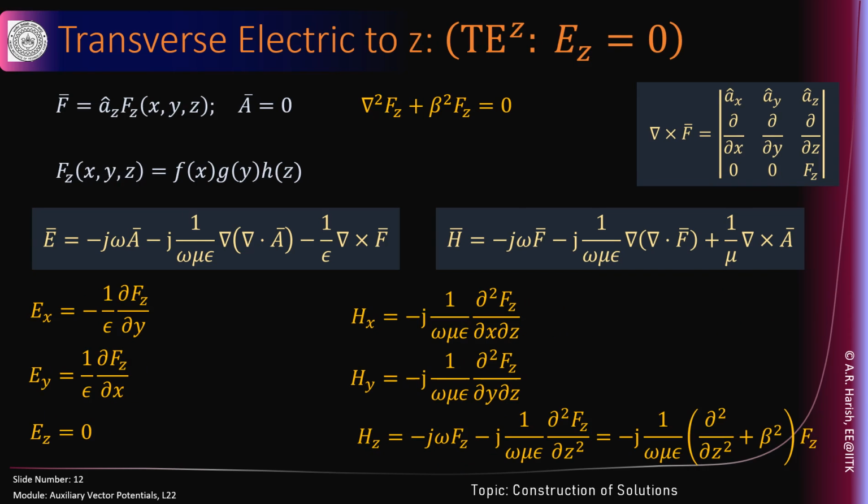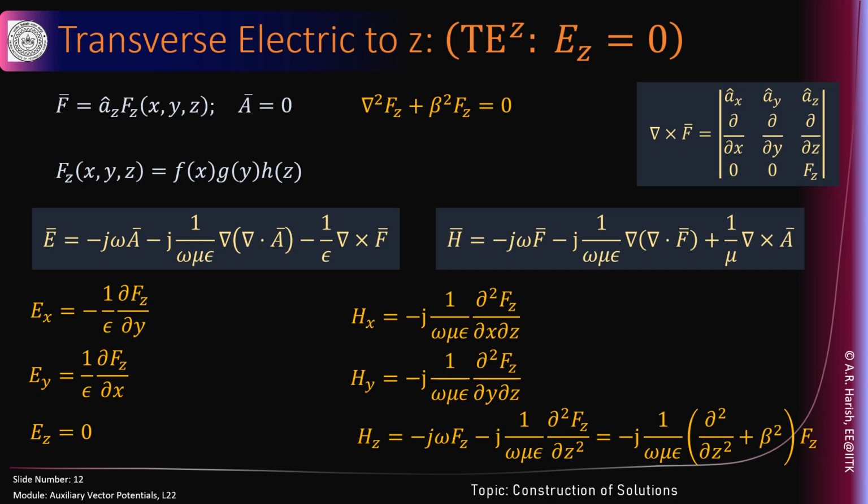To do TE to z, I choose F equal to z cap Fz and the process is again exactly identical. Though the method looks very straightforward, that's a beautiful part of it. Though at times it's boring to see the same equation, that's the worst part of it. Unless you write it down on a piece of paper, you won't feel comfortable with it.